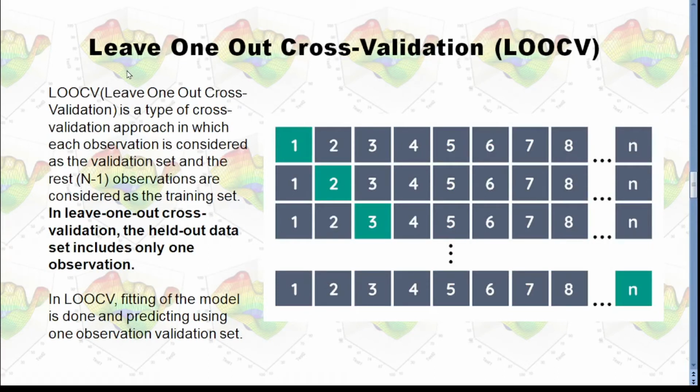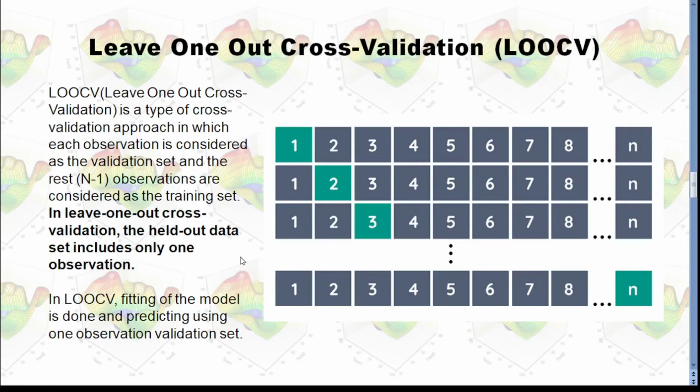Another validation method is called leave-one-out cross-validation. In this method, you use one observation for the validation and the other observations for training.